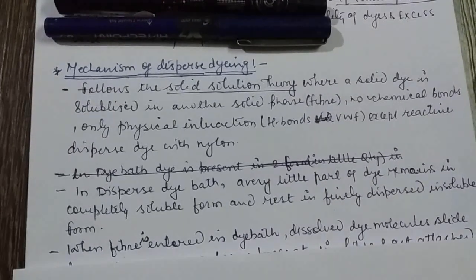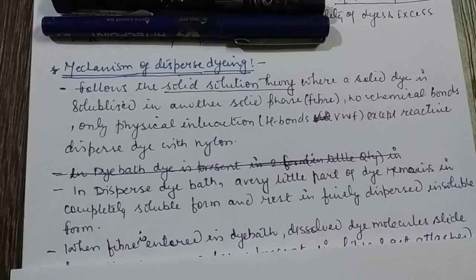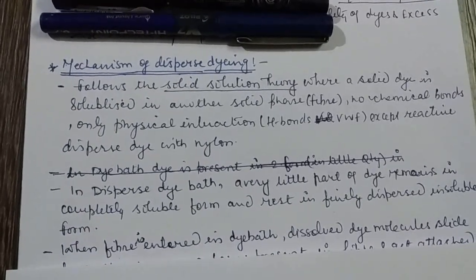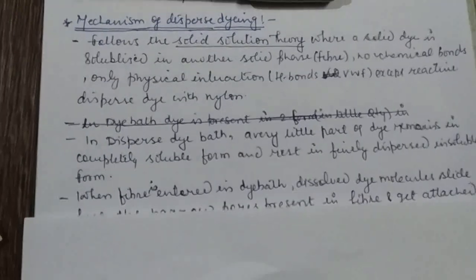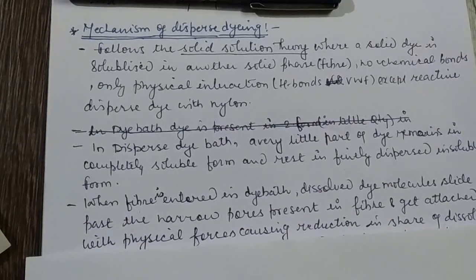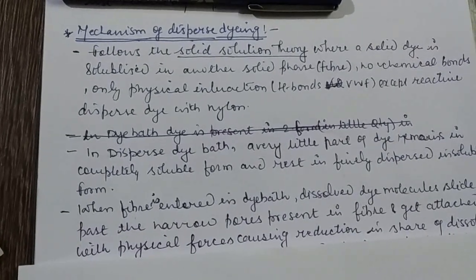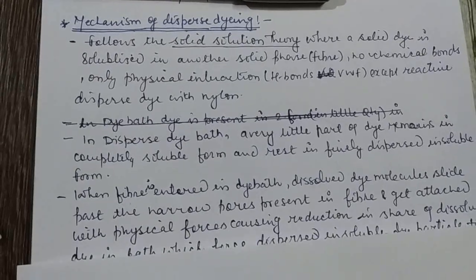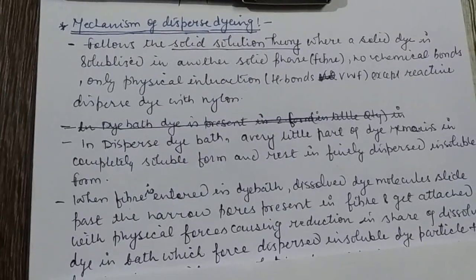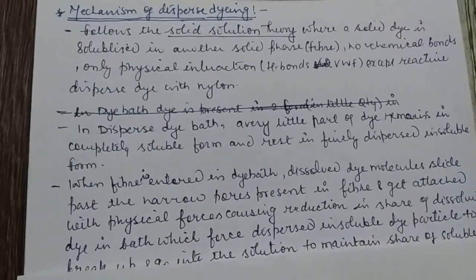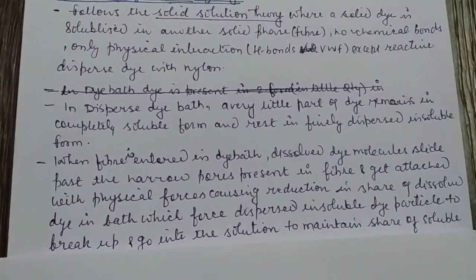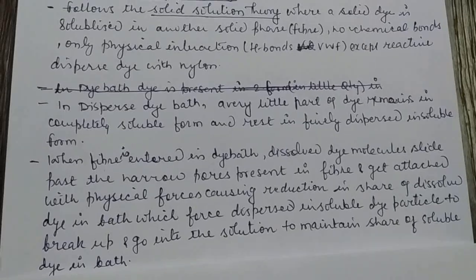the dye bath contains a very little amount of dispersed dye which is water soluble, and the rest is finely dispersed but water insoluble dye. So when fiber or fabric enters the dye bath, the dissolved dye molecules slide past narrow pores present in the fiber and get attached with physical force, causing a reduction in the share of dissolved dye in the bath, which forces dispersed insoluble dye particles to break up and go into the solution to maintain the share of soluble dye in the bath.